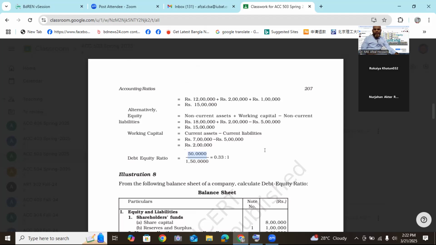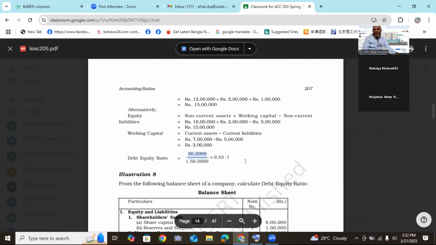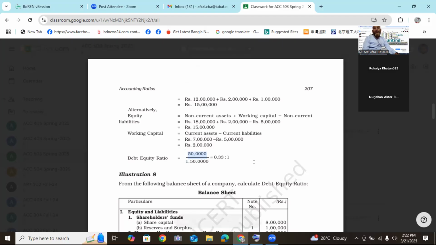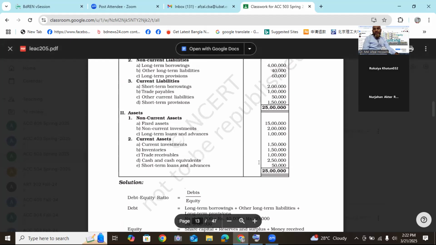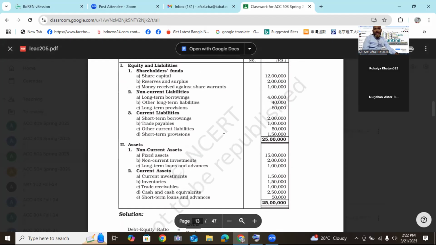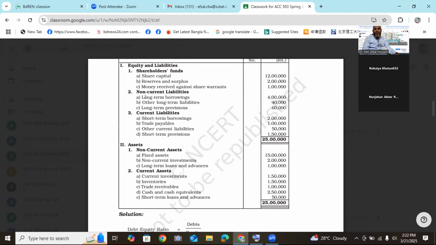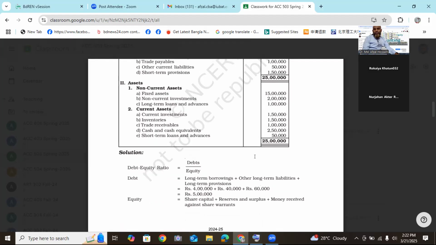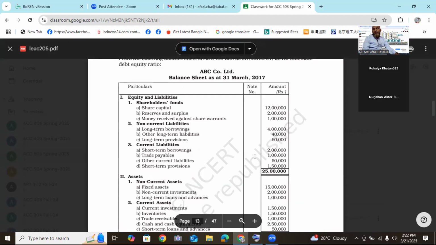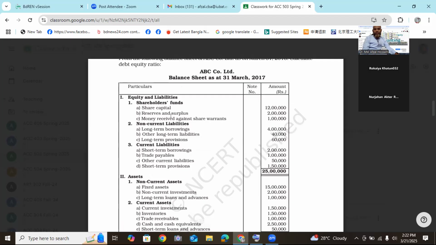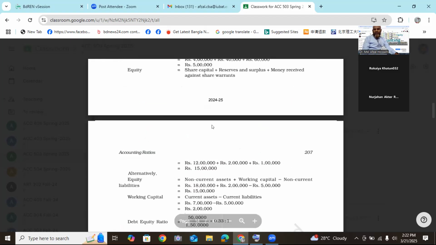Yes, sir. Okay. So if you need to pay any obligations or all the non-current liabilities, then you can pay, no problem. Because compared to your non-current liability, your shareholder funds is much higher. Okay.